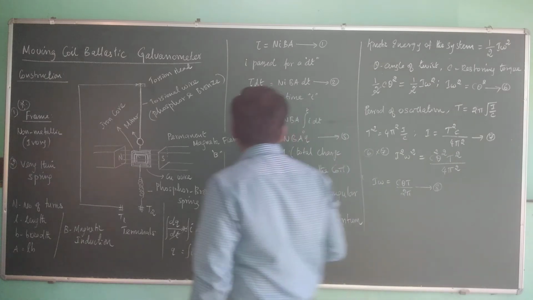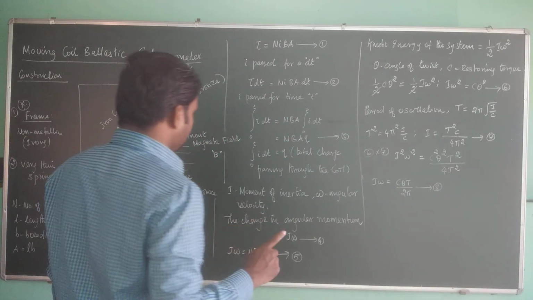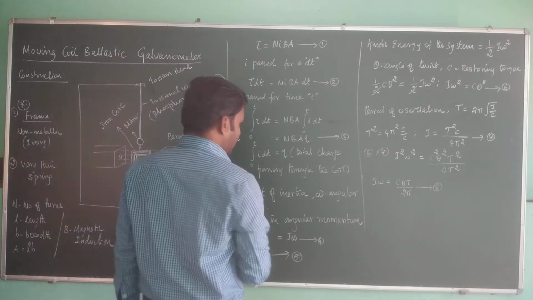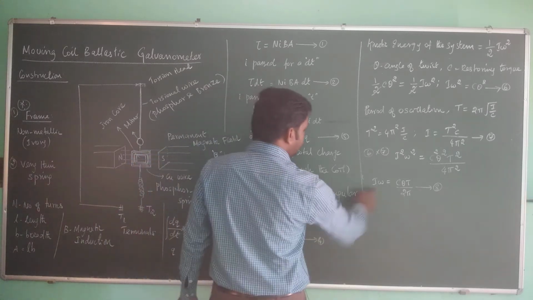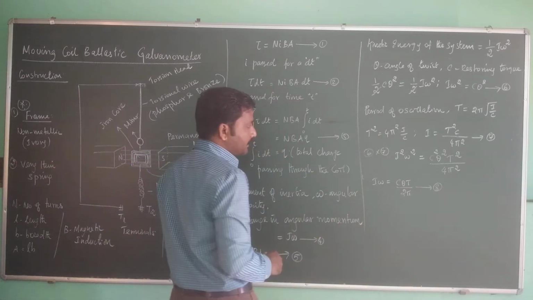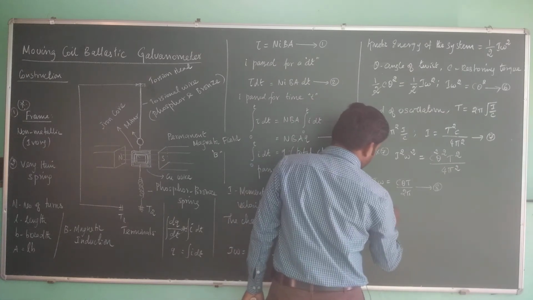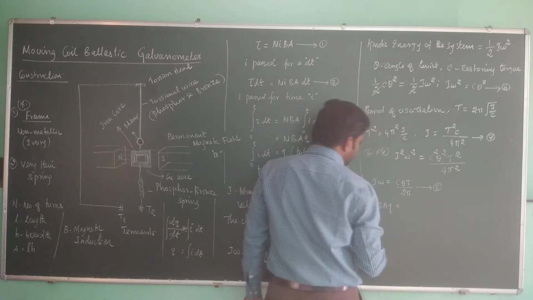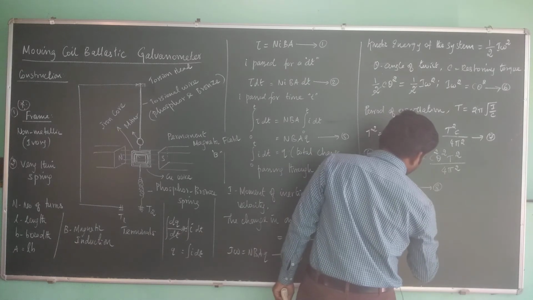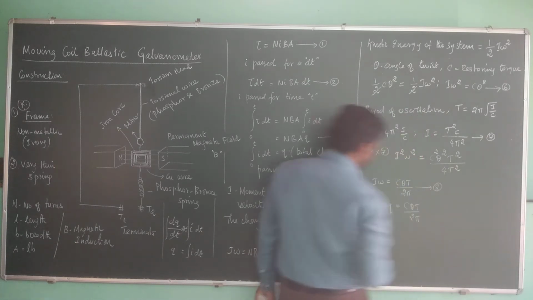Now you can compare this with I omega. Here there is an I omega, here there is an I omega. Comparing equations 4 and 8, you can write NBAQ equal to C theta T by 2 pi.